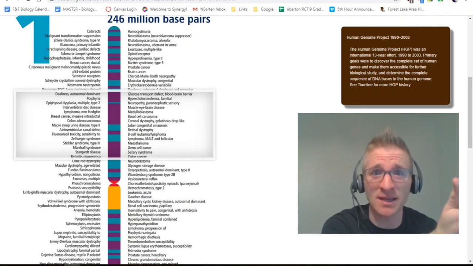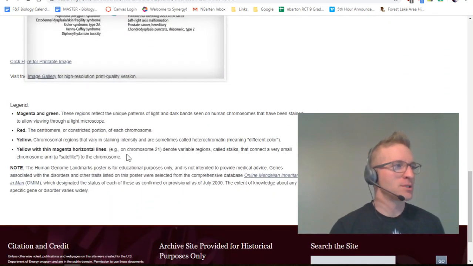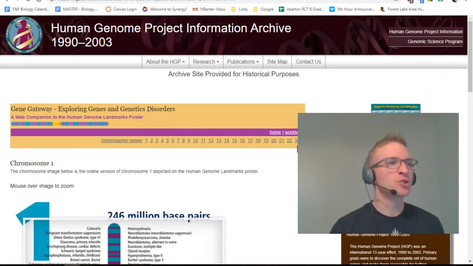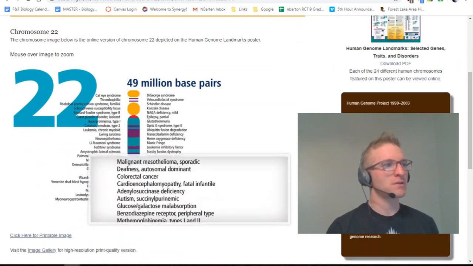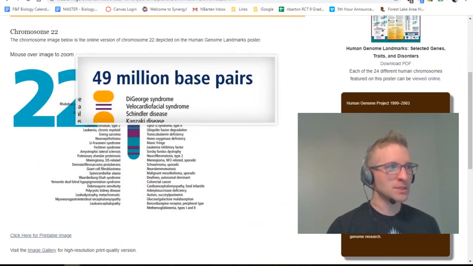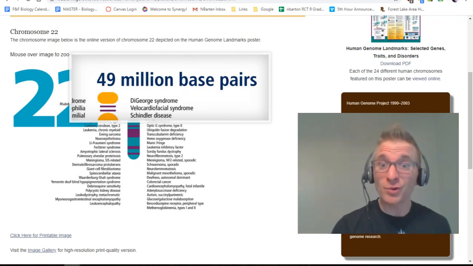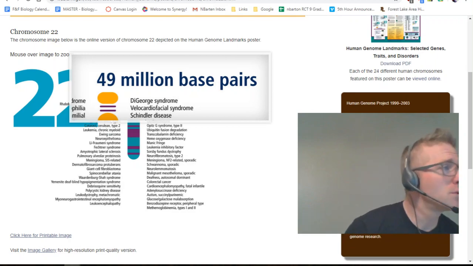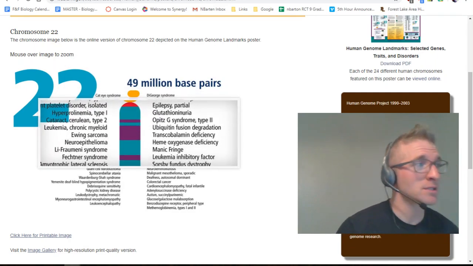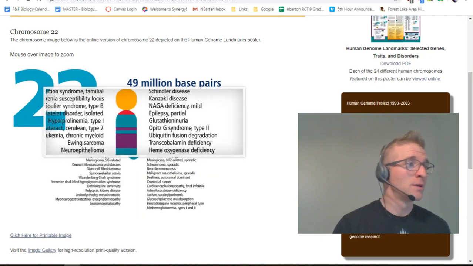This is amazing. This sort of detail is on every one of our chromosomes here on this website. It's super cool. Chromosome number 22, for example, the shortest of our chromosomes. There are 49 million base pairs in that. That's the shortest one, 49 million pairs of bases on that chromosome. And you can find things like Ewing sarcoma, leukemia, epilepsy.